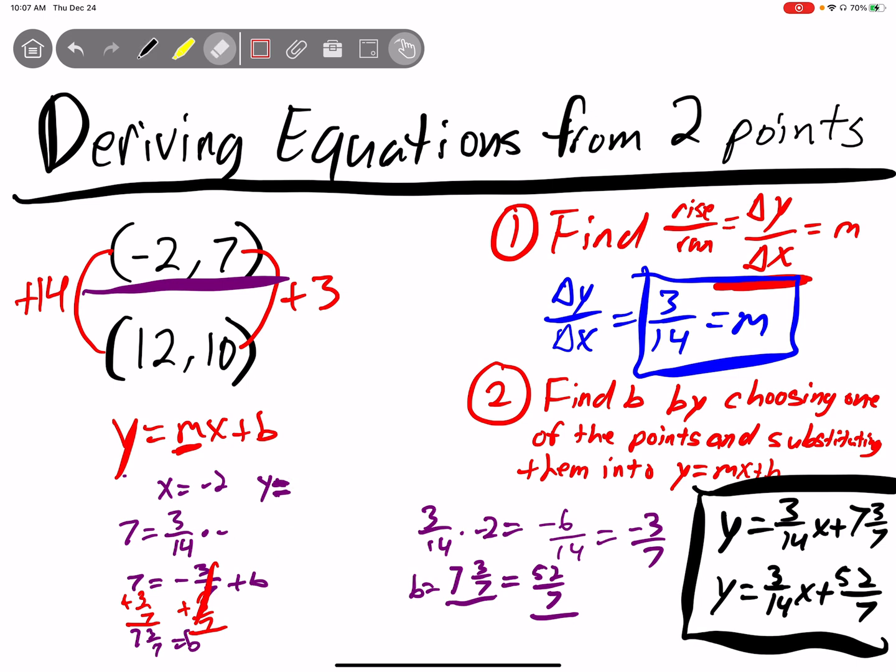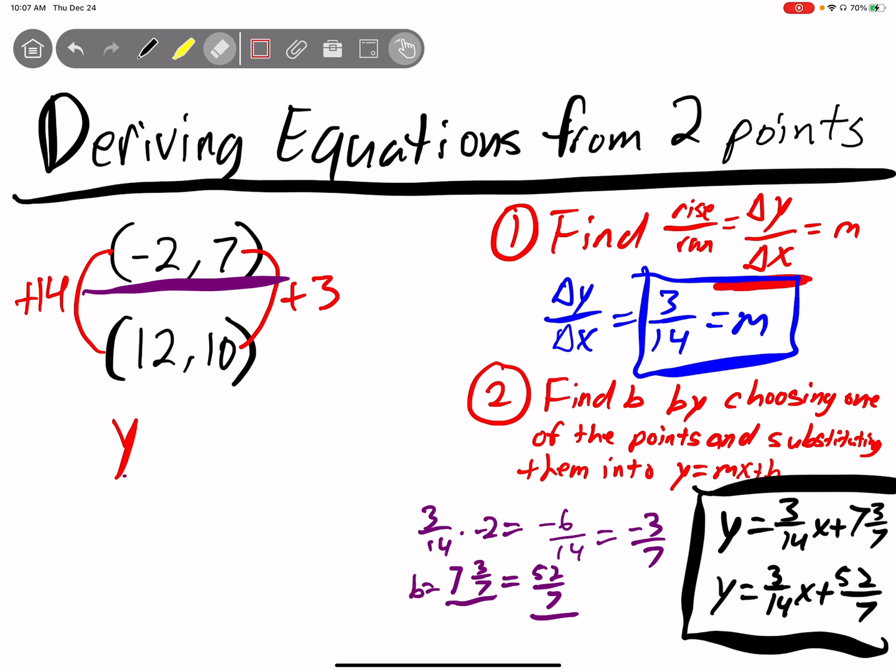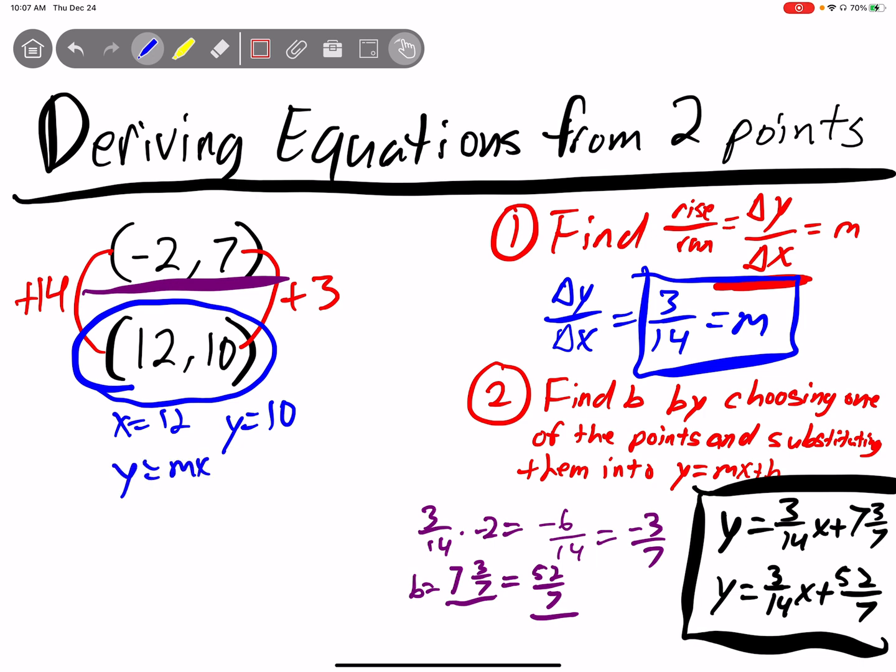So let's change a few things. So again, we're going to use y equals mx plus b. But in this case, we're going to choose this point just to show that it doesn't matter which one you use. x is 12, y is 10. We're going to plug that into y equals mx plus b.